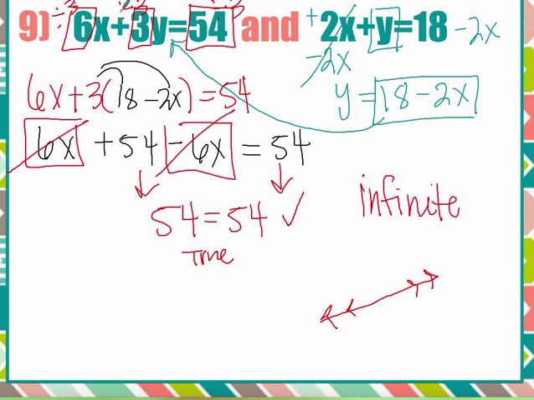Because 6 divided by 3 is 2, 3 divided by 3 is 1, and 54 divided by 3 is 18. These are the same equation. This is just a larger version of the other one. It's just all been multiplied by 3. So they're the same equation, which is why it came out to be infinite solutions.